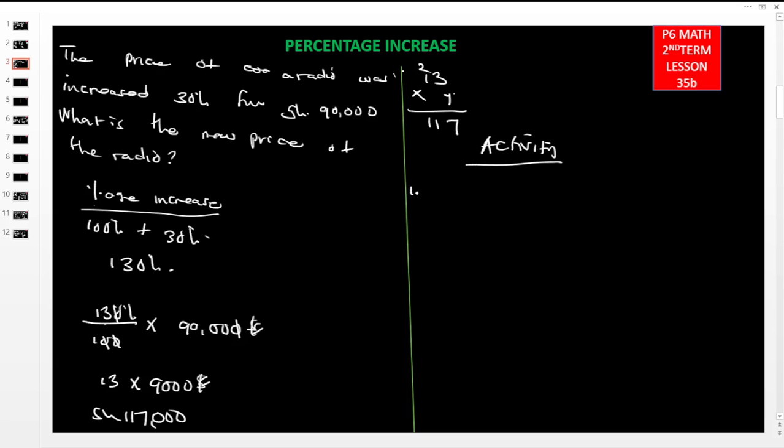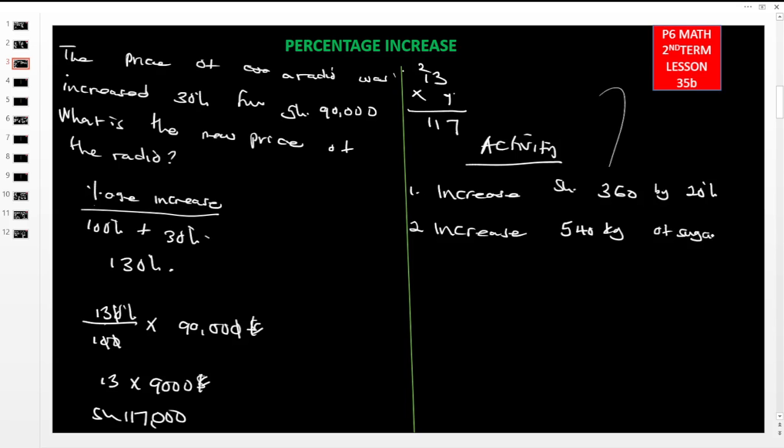Alright, so you try out this activity. Number 1, increase 3,000 by 20%. Number 2, increase 540 kilograms of sugar by 30%. Number 3, increase 120 cows by 20%, then 25%.